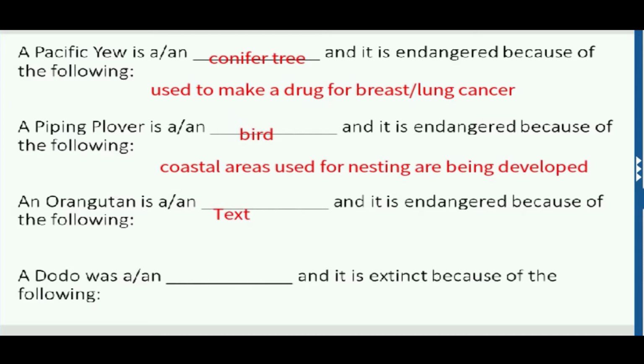An orangutan is an ape, and it is endangered because rainforest, which is its habitat, has been ruined due to deforestation.